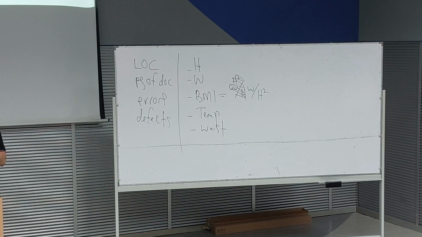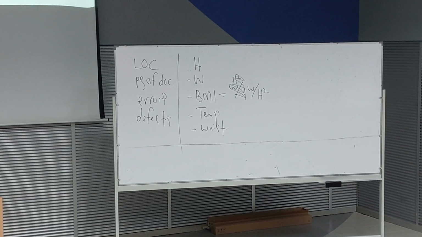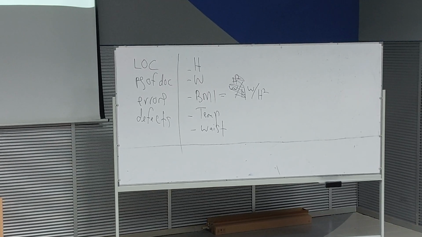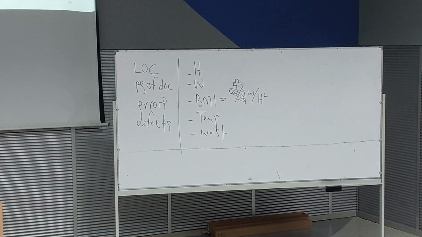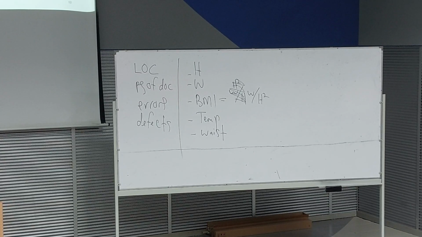These are the reasons why we want to do measurement: to control quality, to control cost or risk, to assess productivity, whether productivity is high or low, and to do estimation.